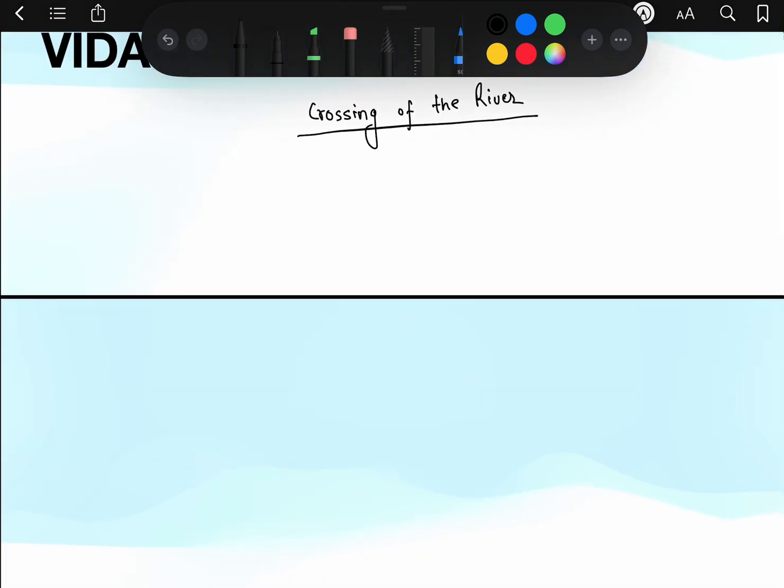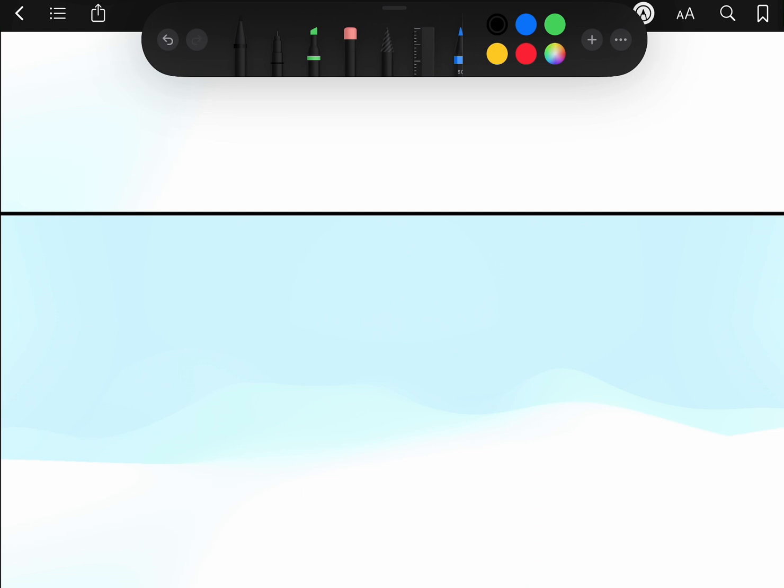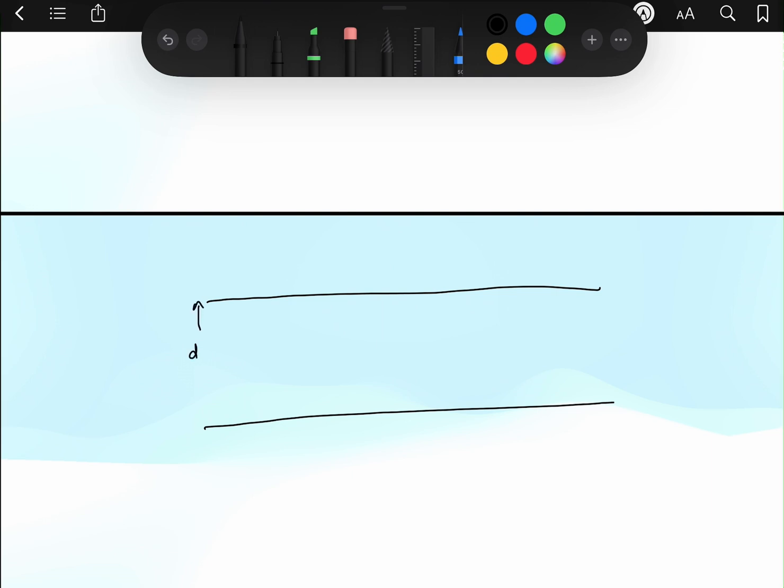So let us assume, again we will draw the diagram. This is a river, and let us assume that D is the width of the river. According to our vector equation, let us assume the boatman is rowing his boat in a direction 90 plus theta with the flow of the river.